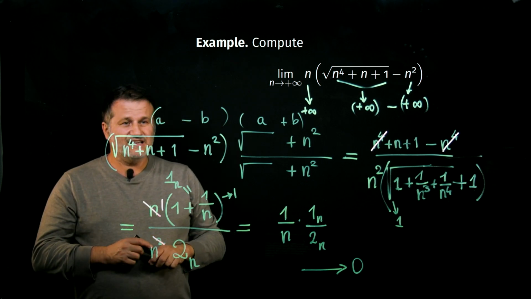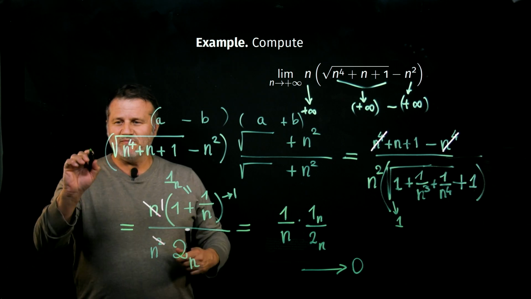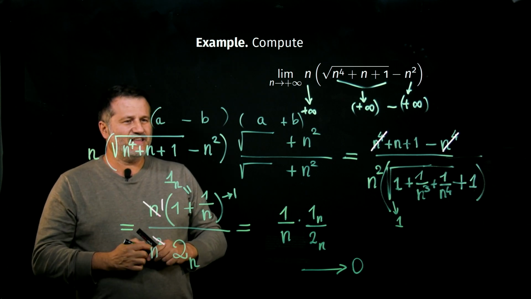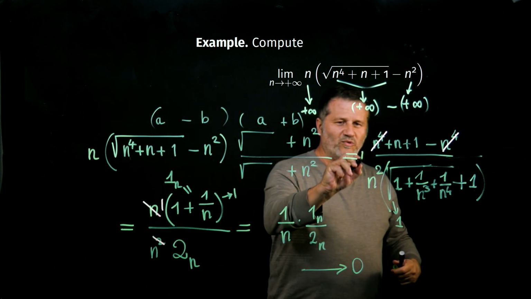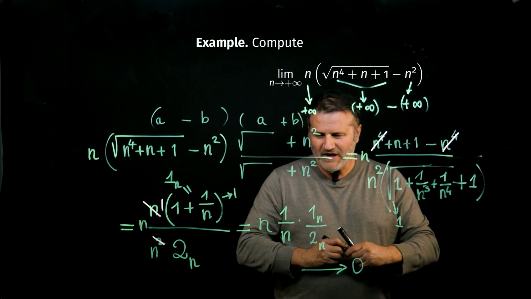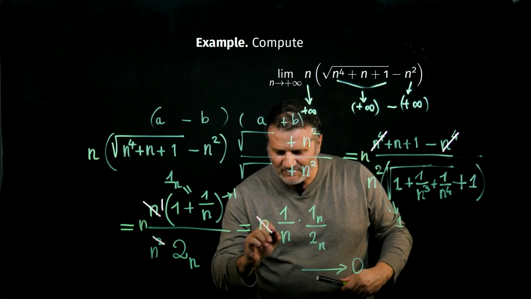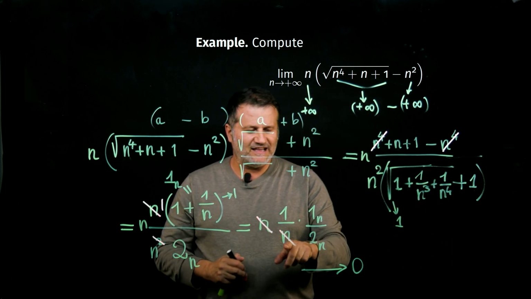So we have an infinity times 0 indeterminate form. What we have done is useful to solve this problem, because if we multiply by n everything, so this is just this term, we arrive here, and you see that we can simplify these two, where you can see clearly the form infinity times 0.